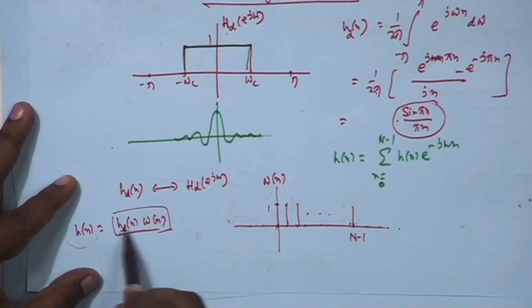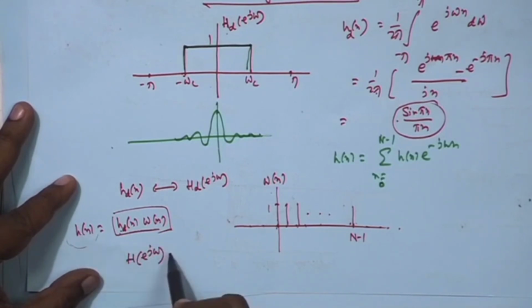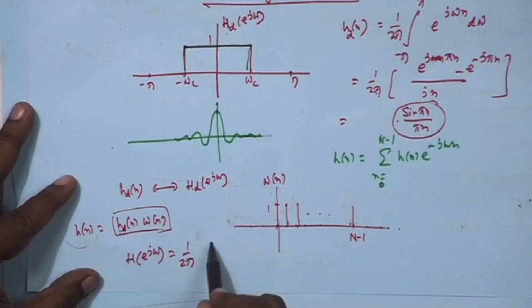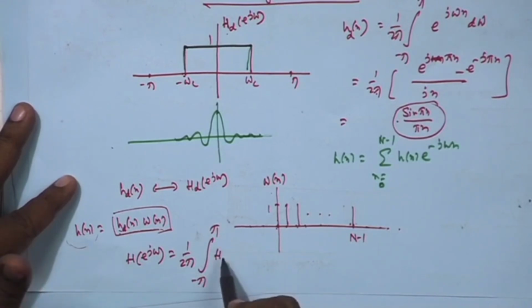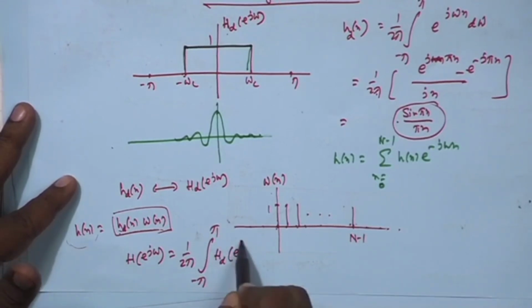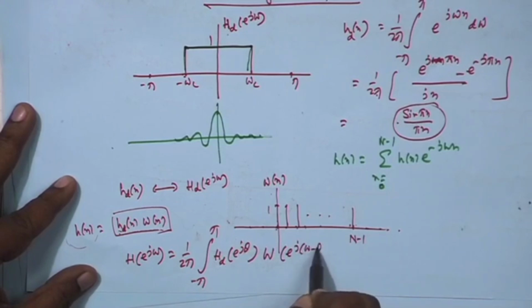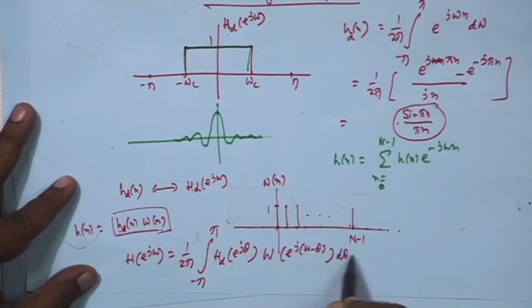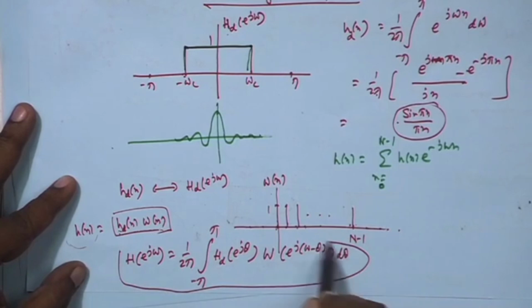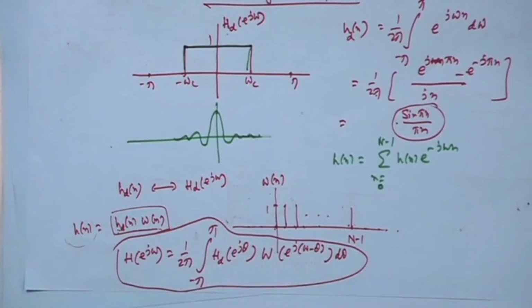By the previous result, it is a product of two sequences. So, the DTFT of this will be a convolution between the two DTFTs here, but convolution of this form, minus pi to pi, not minus infinity to infinity. Okay, H_d e to the power j theta and W e to the power j (omega minus theta) d theta. This is the formula.